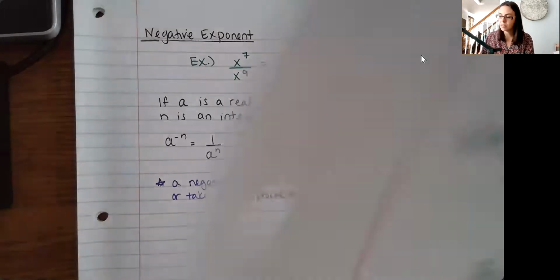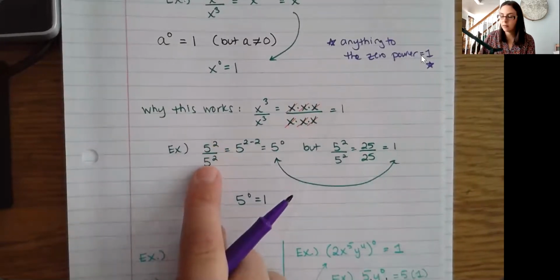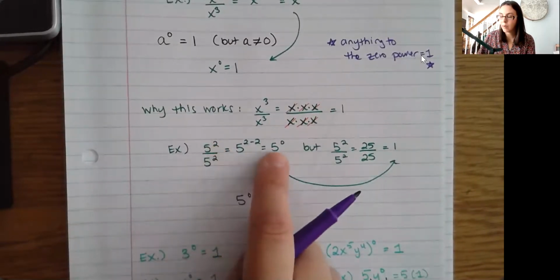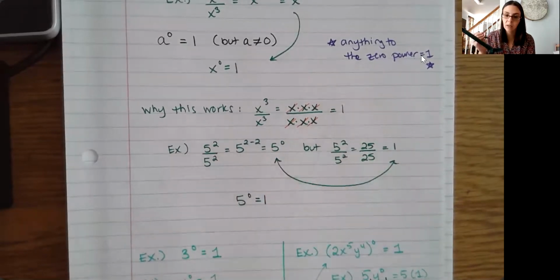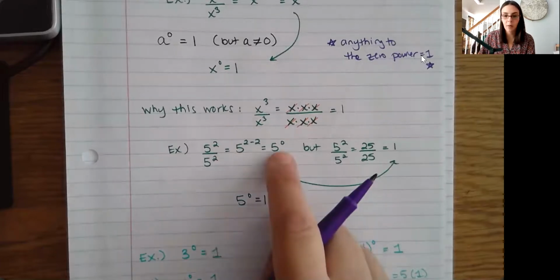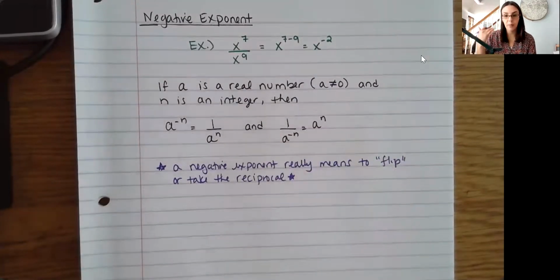And I kind of showed you that with the zero exponent over here, right? So just doing an example, you can see that when I use the quotient rule and when I go back to my regular arithmetic, these things have to match. They have to give the same answer. So that's why a 0 power is equal to 1. And here, I'm going to show you why a negative exponent gives you this flipping action.